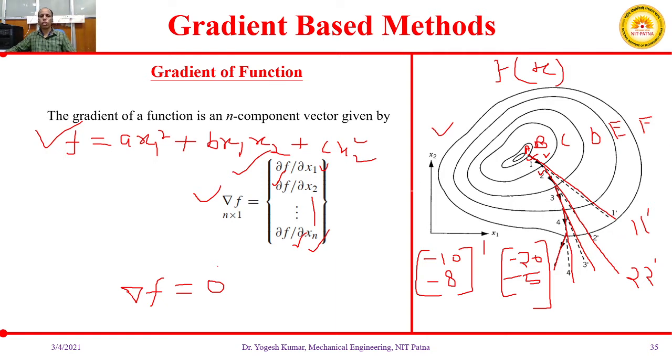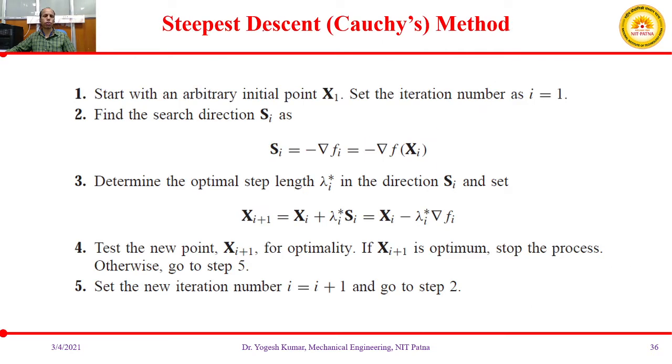That is why, if we search for the solution in the appropriate direction or the right direction, there are chances that we will get the solution faster as compared to direct methods. So let us try to understand how we are going to implement these gradient based methods. One of the methods that we are going to discuss today is the steepest descent method.